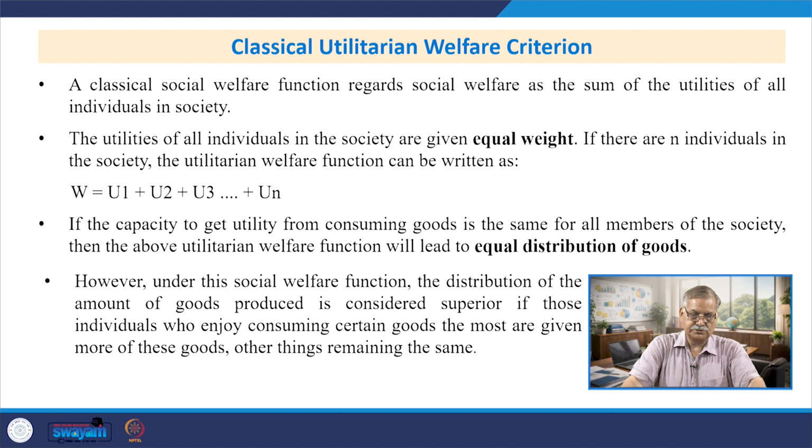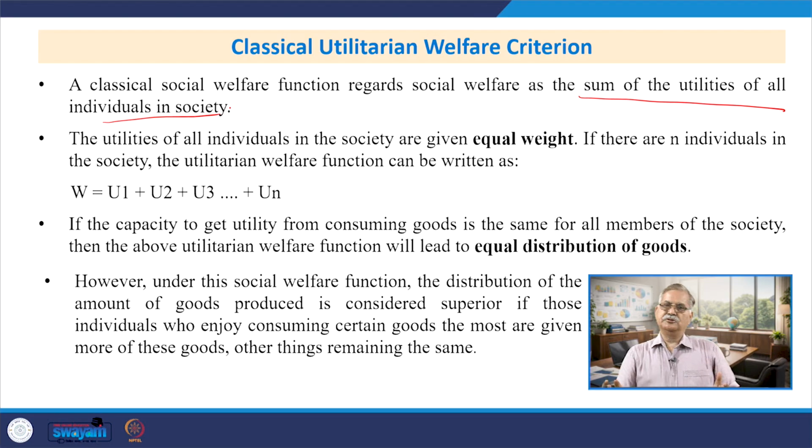A classical social welfare function regards social welfare as the sum of the utilities of all individuals. Suppose there are n individuals in the society, so the sigma of the n utilities is the total utility or welfare of the society.